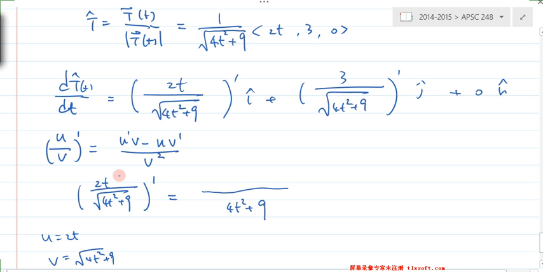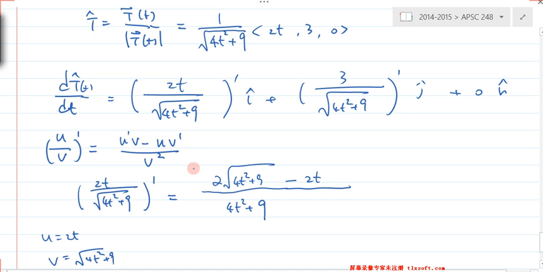So u prime is the derivative of 2t with respect to t, which is 2, times v, plus u, again 2t, times v prime.